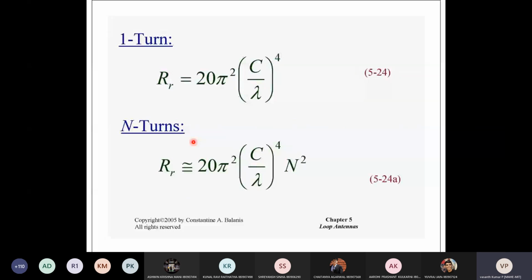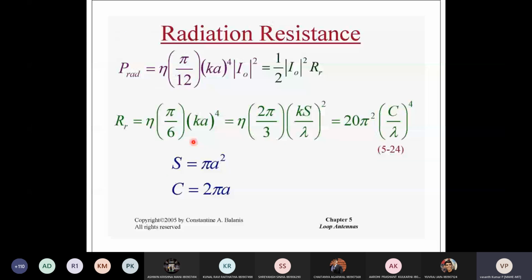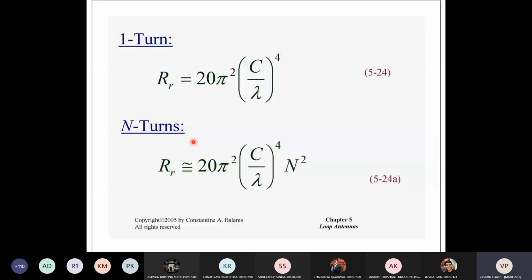If there is an n turn loop, it is n square. Why is it not n but n square? The flux produced by one coil will link with all the n coils. And flux is proportional to current.